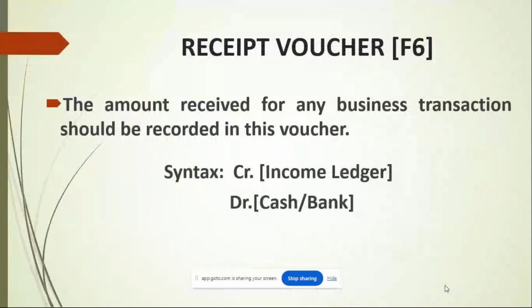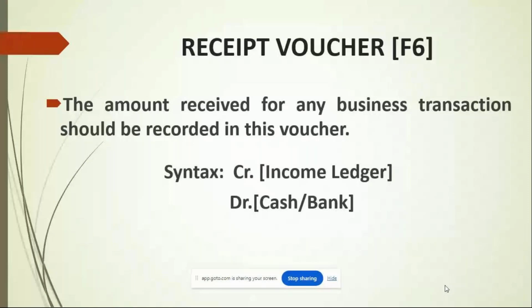This is what I was talking about, the receipt voucher. The function key for receipt voucher is F6. F4 is contra, F5 is the payment voucher, and F6 is the receipt voucher. Right? So simple.